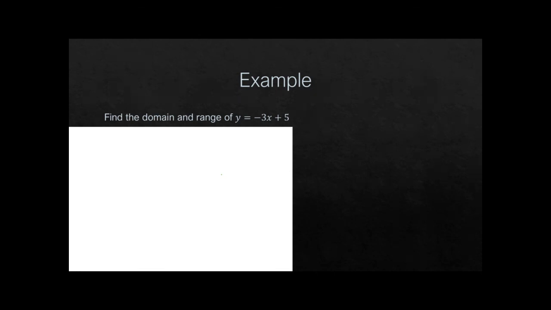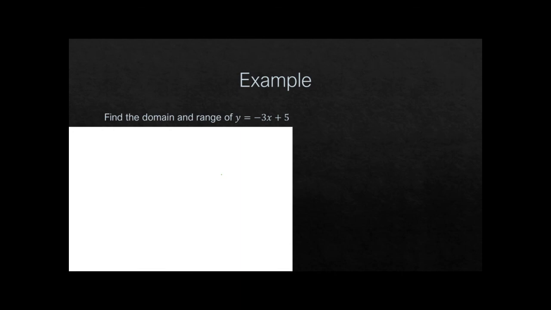That's what we refer to as the parent functions, which you're going to learn about this week: different types of functions, what they look like, and what their domain and range are. If you recognize this is linear because there are no variables with exponents, then you know linear equations always have this domain and range.